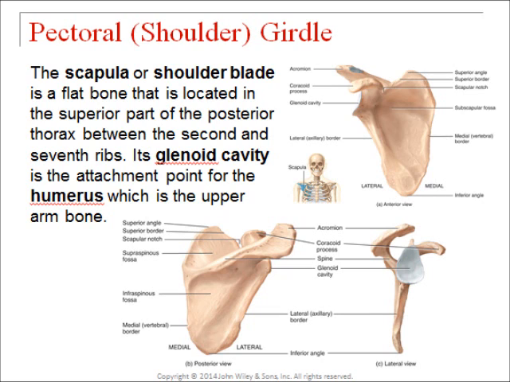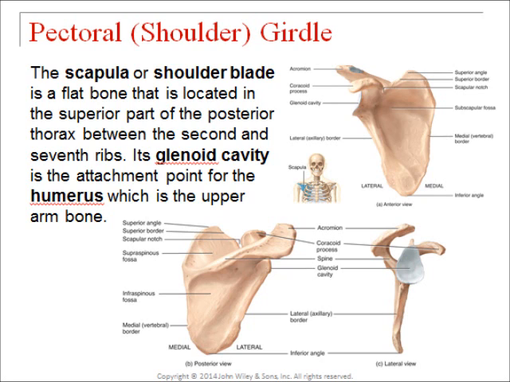The medial border will be closest to the spine. The orange line on the same view is the lateral border. Up top in gray, we have the superior border, and the tippy top of that superior border is called the superior angle of the scapula.